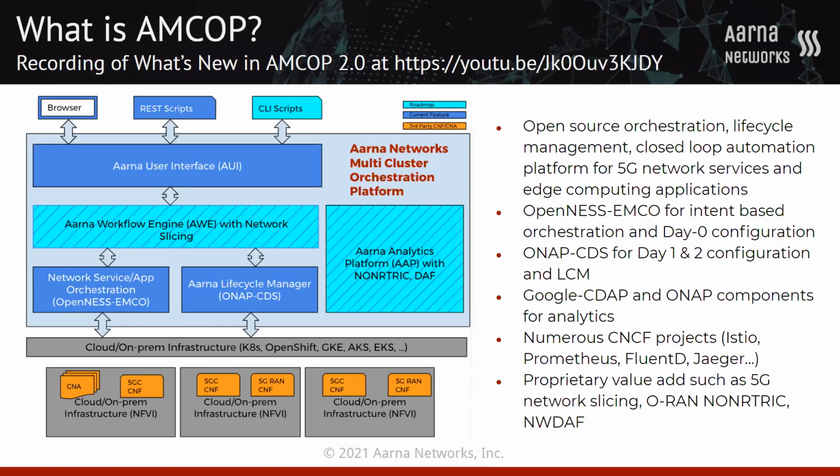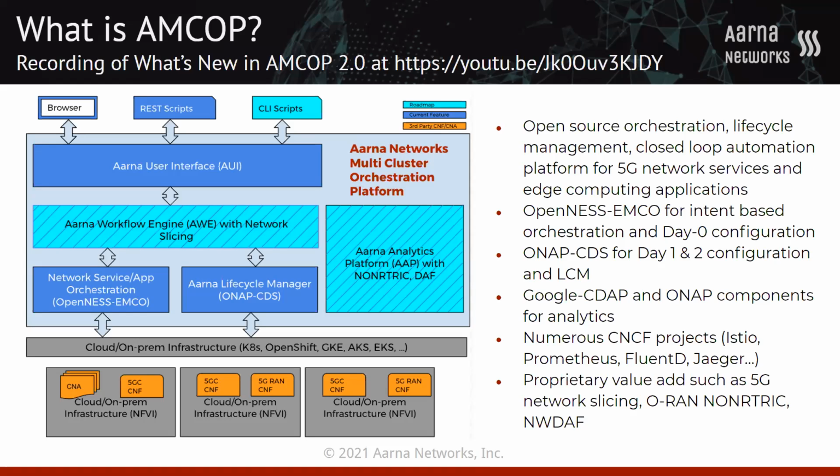On top of that, from Aarna Networks, we have value add products like slicing, which is a completely new feature in 5G, where you can slice the networks and give dedicated chunks to the user. Then O-RAN, Non-RT RIC, and NWDAF are all there. These are value added features on top of the existing open source tools.